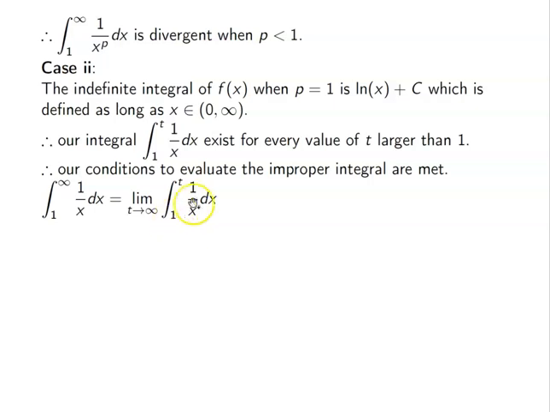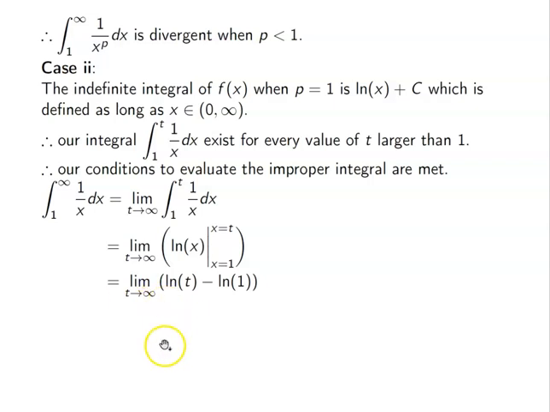So this integral is the same as the limit as t goes to infinity of this integral. The integral of 1 over x is natural log of x, and I'll evaluate that from 1 to t, and take the limit as t goes to infinity. If you remember, natural log of 1 is 0, so I'm really just looking at the natural log of t as t goes to infinity.